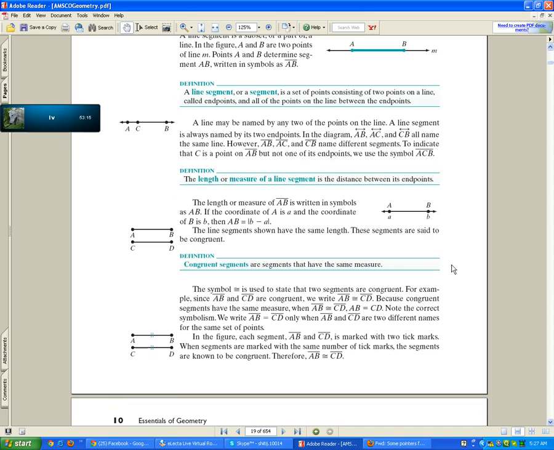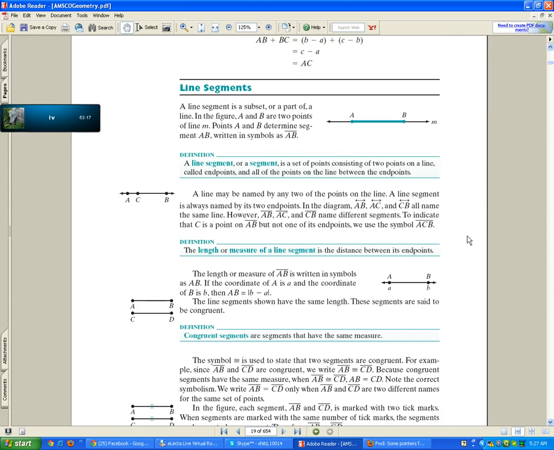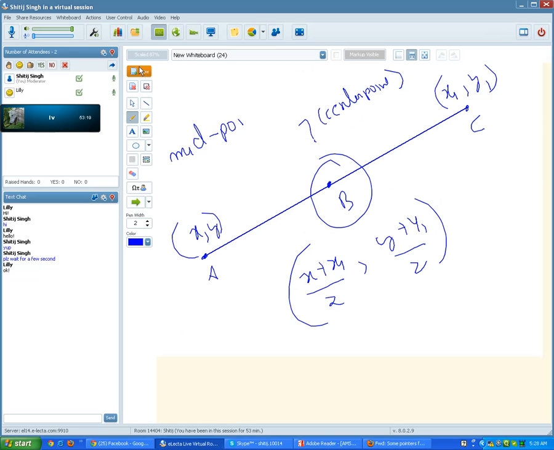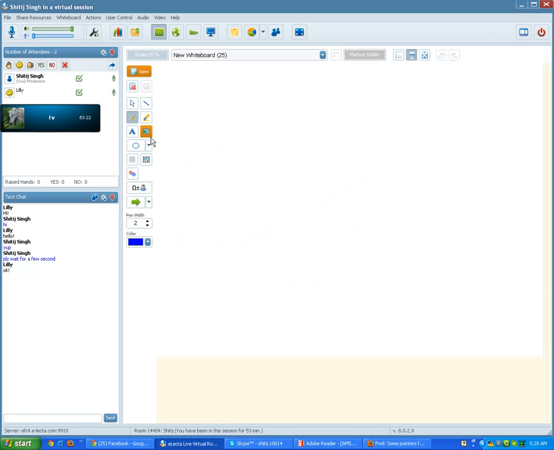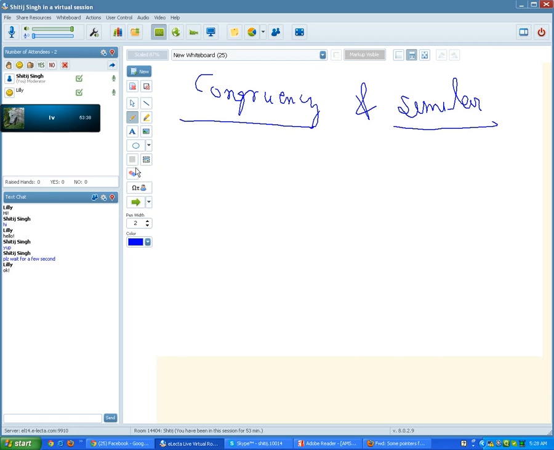Alright, now there is something called congruent segments. Congruent, as the name suggests, congruency means equal, exactly mapping and equal. Congruency and similarity, these are two different things, right? If someone says you and your sister are similar to each other, that doesn't mean they are congruent, because similarity doesn't say that your height and your sister's height would be equal, right?